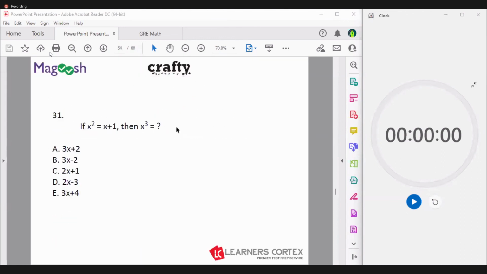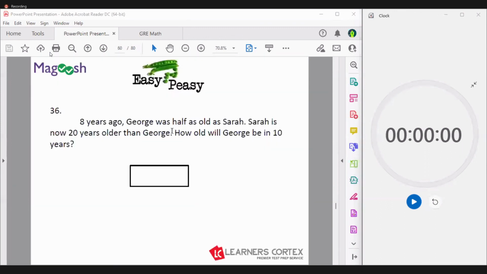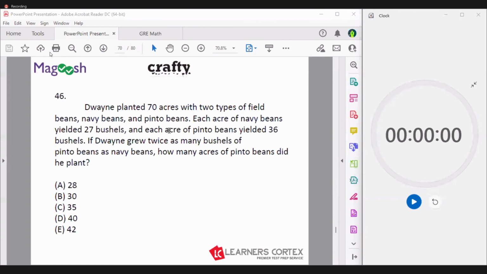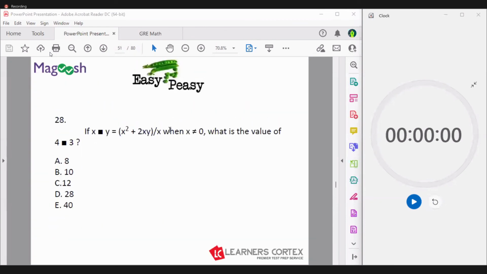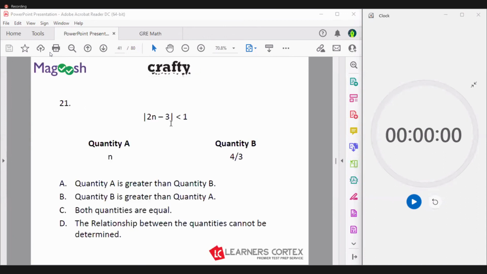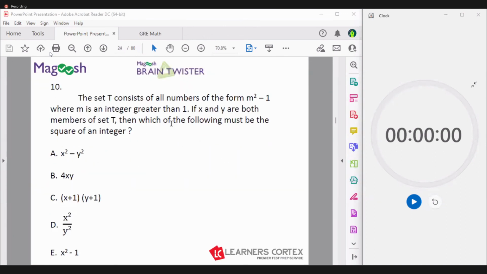We'll hopefully complete it until functions. Then for the next one, word problems would be left, and then the algebra review. So today, you can take these 6 questions as homework, and you can take a screenshot of this if you want.